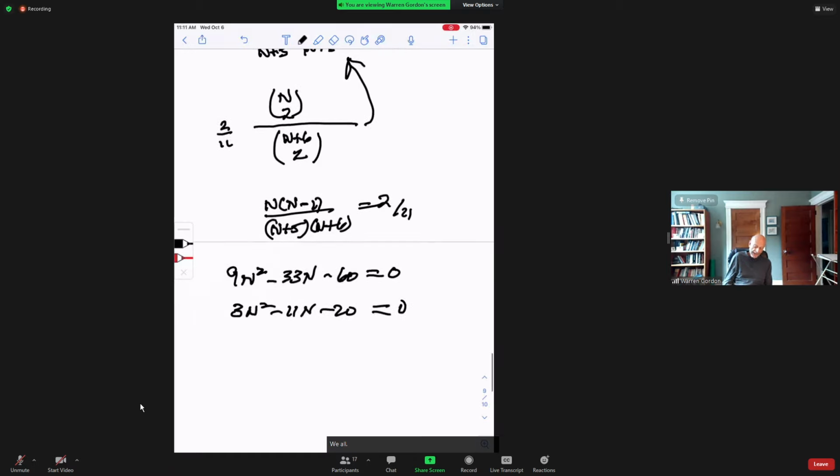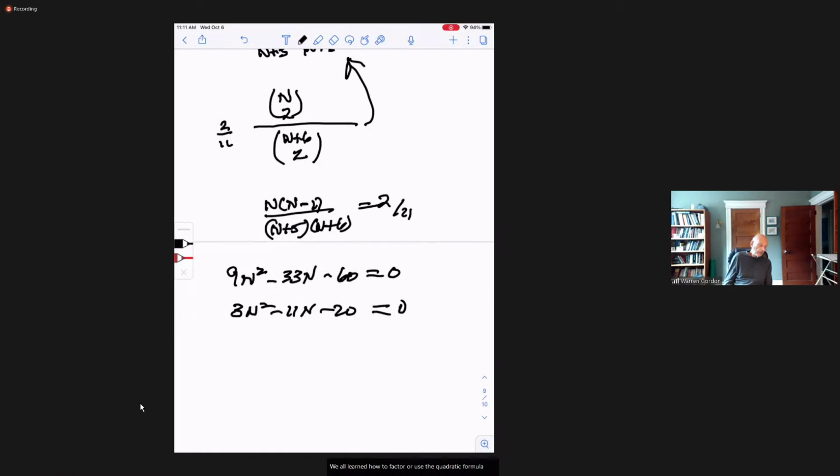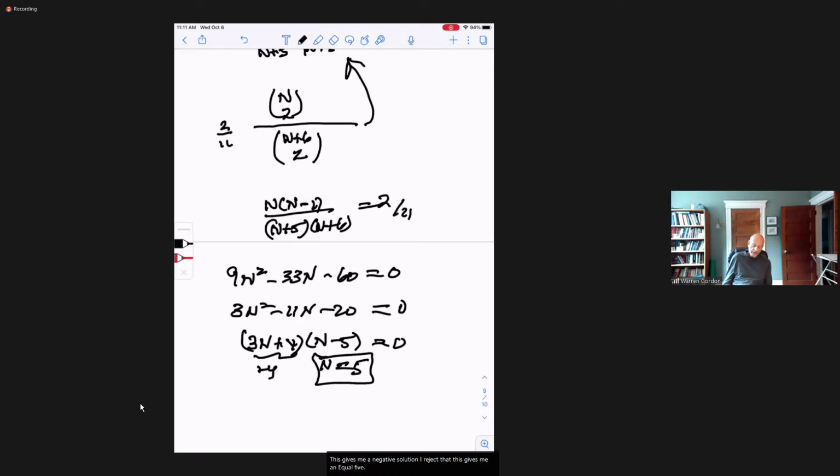We all learned how to factor or use a quadratic formula, whichever one you want. And this gives you 3n plus 4 times, what do I get? n minus 5 equals 0. This gives me a negative solution. I reject it. This gives me n equal 5. Bingo, the problem solved. There are 5 black balls. This is a mathematical solution.